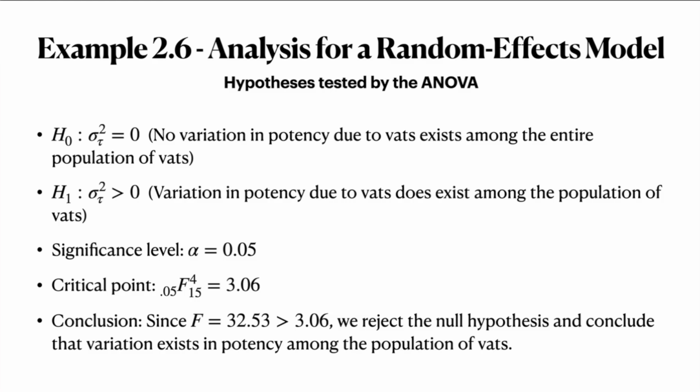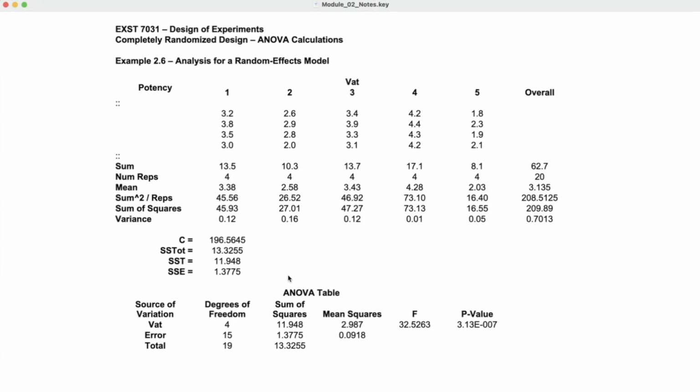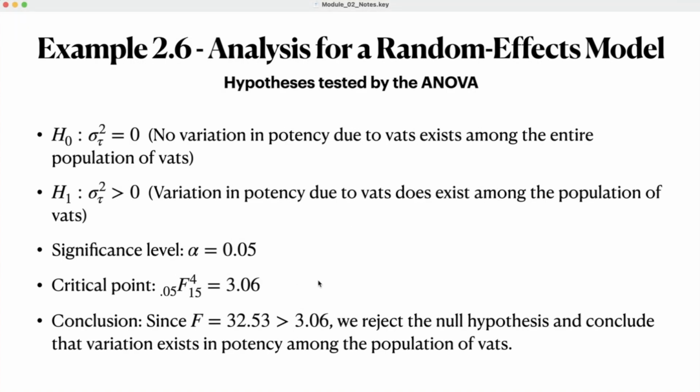All right. Now we're using a 0.05 level of significance. Again, this p-value is very, very small, right? And so we know just based on that we would reject this null hypothesis. If we are using the test statistic and critical point method, again, we would see that we would reject.